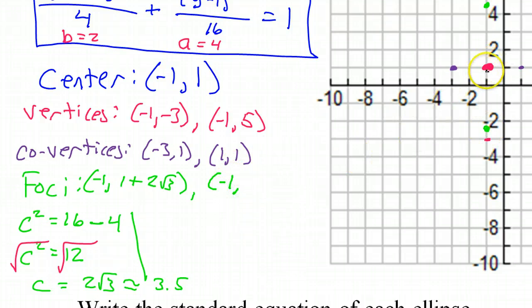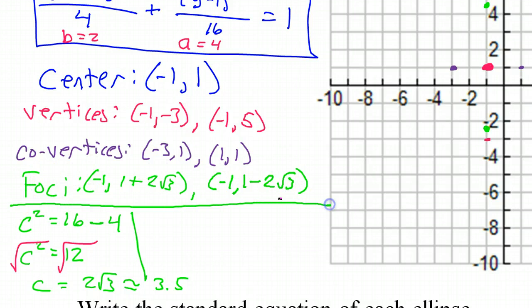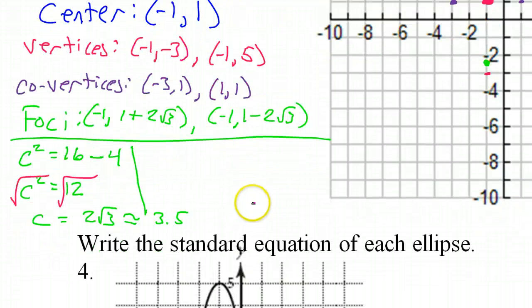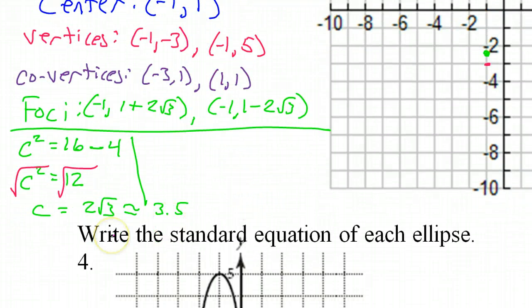But the y value starts from 1, and because we're going down, I'm going to subtract 2 radical 3. That was the tricky part, you guys. This is what I want to see for the foci: -1, comma, 1 plus 2 radical 3, and -1, comma, 1 minus 2 radical 3. You may have to watch that part of the video a couple of times.